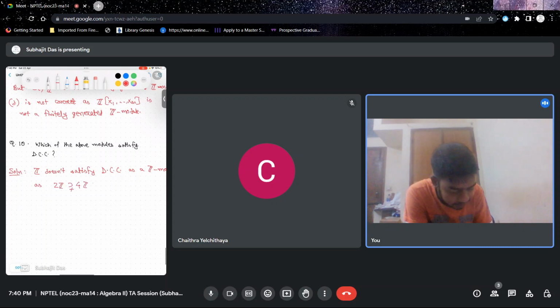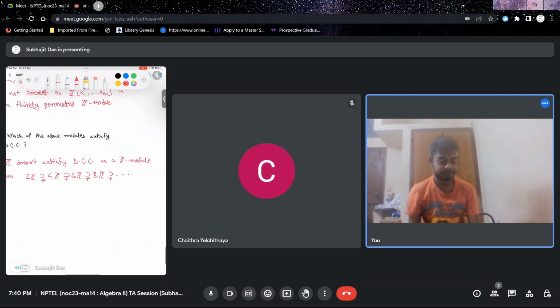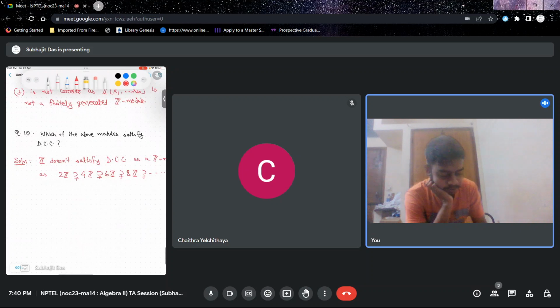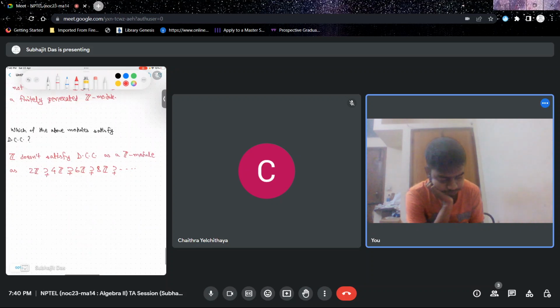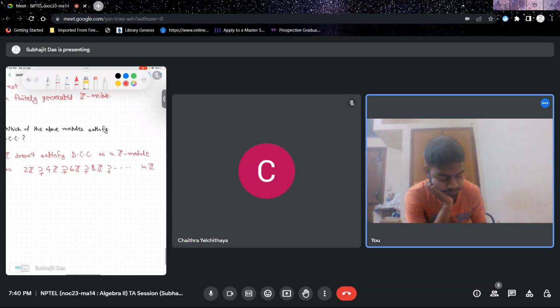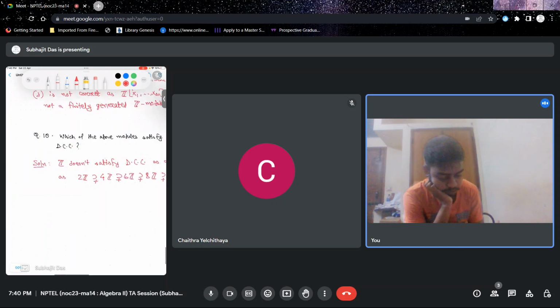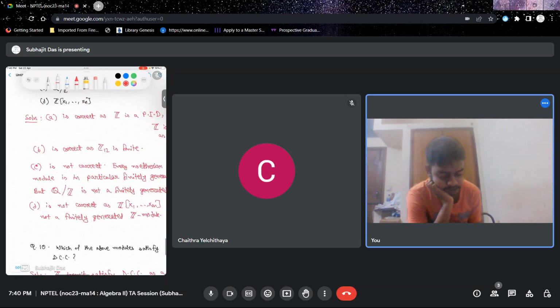This is a proper containment, which contains 6Z, which contains 8Z. This is a strictly decreasing sequence of ideals in Z, right? As you said, this is in Z. Okay, so Z doesn't satisfy DCC.